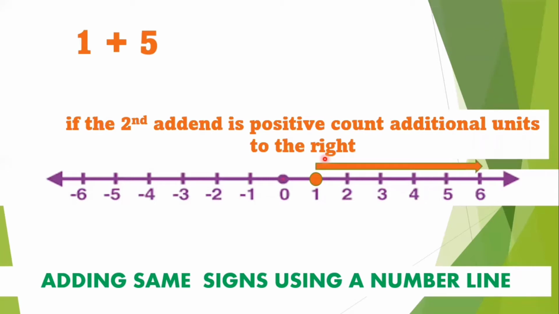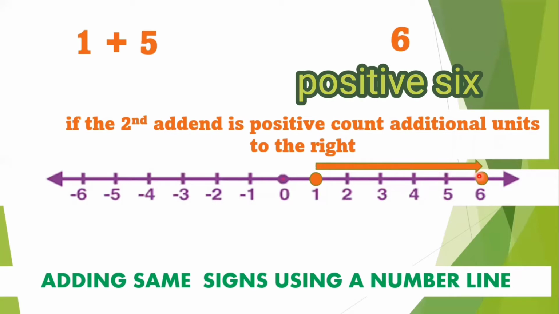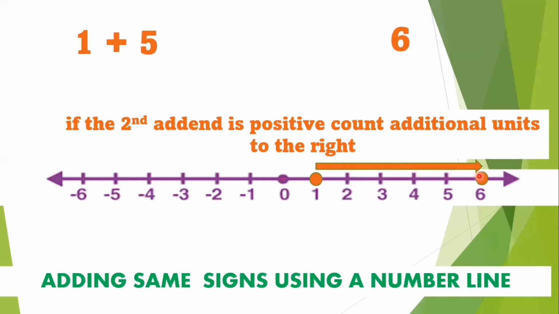So, ayan, tinuturo ng ating arrow na dapat daw ay mag-count tayo papunta doon kapag positive. Now, let us count. Our origin will be the number 1, positive number 1. So, we have 1, 2, 3, 4, 5. And that makes our answer equals to 6. Positive 6. Ayan. So, that is how we are going to add same signs, positive integers using a number line.